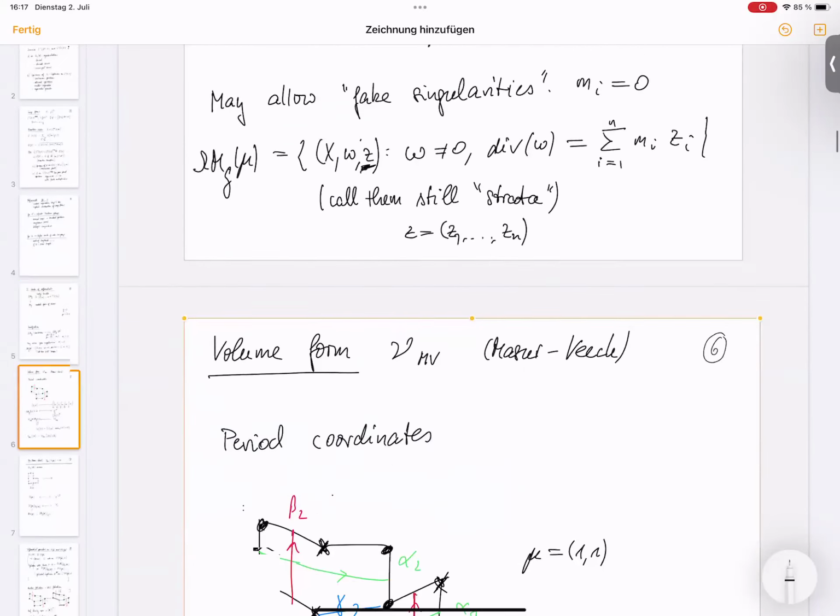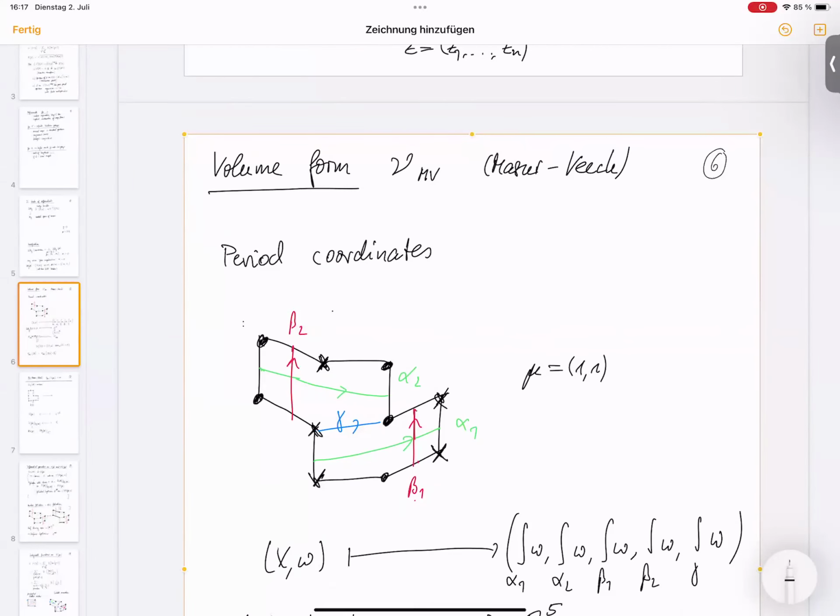For example, let me recall that this was side number 3 and glued to that side, which was also labeled 3. And now you see that beta 2 is actually a closed curve. There's one more guy, namely gamma, which is what is called a relative period. It's a path going from one zero to the other zero, from the cross zero to the black dotted zero.